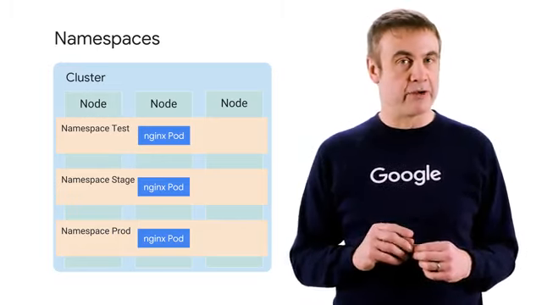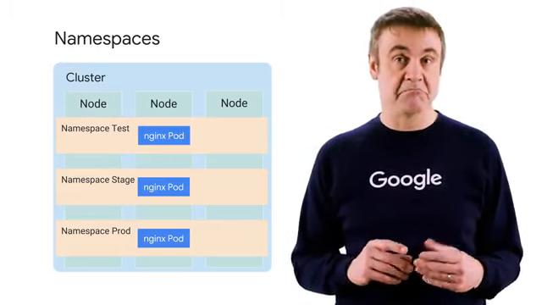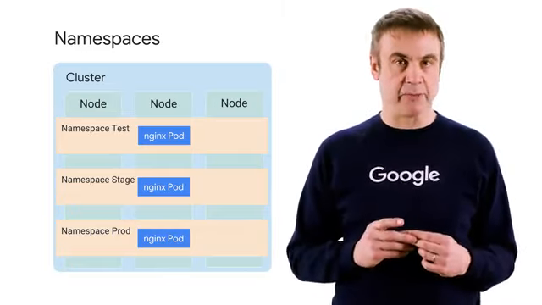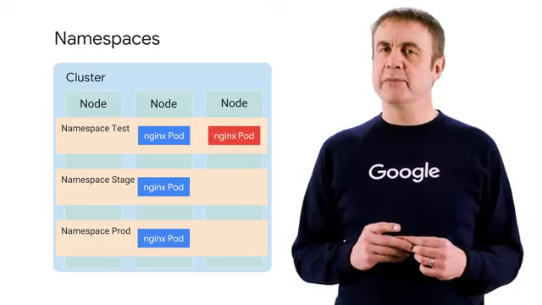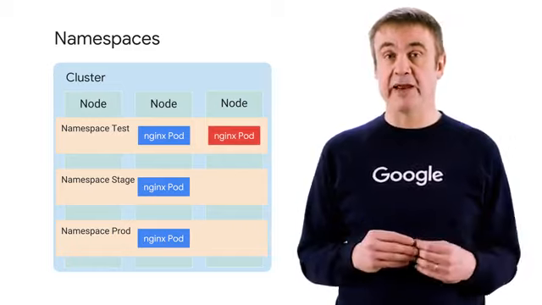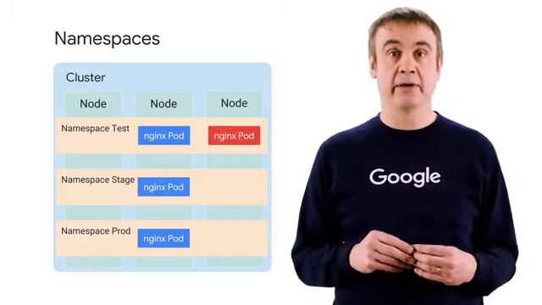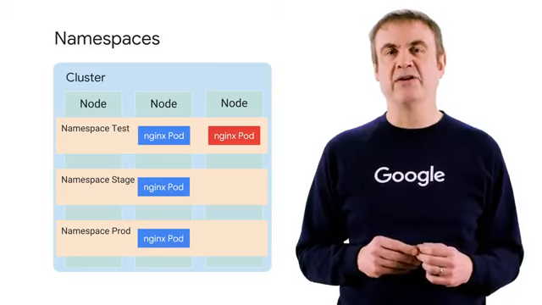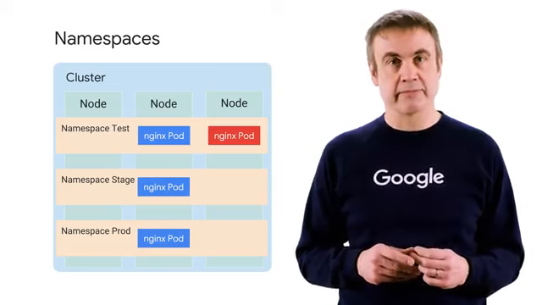You can create 3 pods with the same name, Nginx in this case, but only if they don't share the same namespace. If you attempt to create another pod with the same name, Nginx pod, in namespace test, you won't be allowed. Object names need only be unique within a namespace, not across all namespaces.